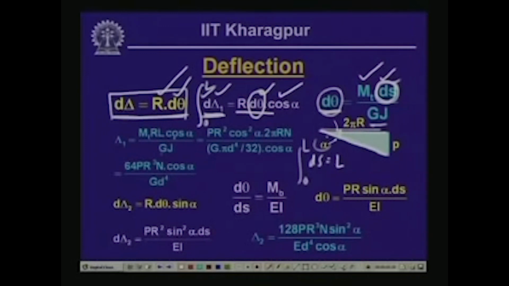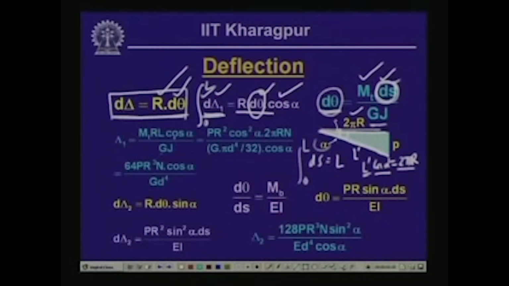Now, when the wire is wound in one plane, the length of the wire is equal to twice pi r. Because of this inclination, it has taken this particular length, let us call this L dash. So, L dash cos alpha is equal to twice pi r. So, L dash therefore is equal to twice pi r by cos alpha.